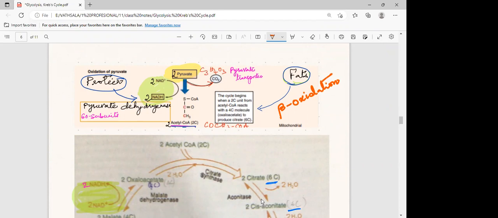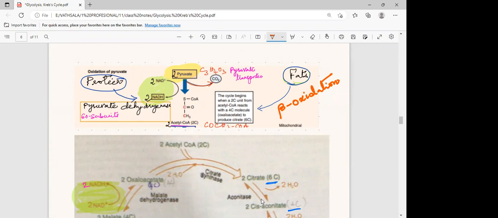A protein molecule enters the Krebs cycle by conversion of that protein to acetyl-CoA. So whether it is glucose or any organic matter, it becomes acetyl-CoA.